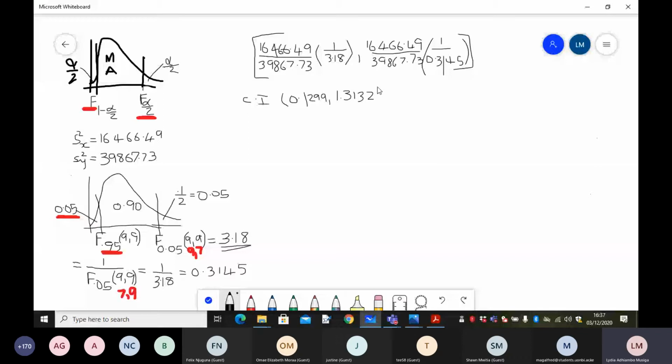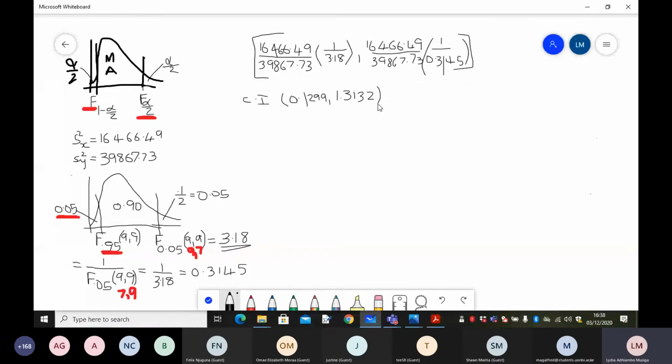And as I said before, we can just state that we can be 90% confident that the ratio of the population variances lies between 0.1299 and 1.3132.